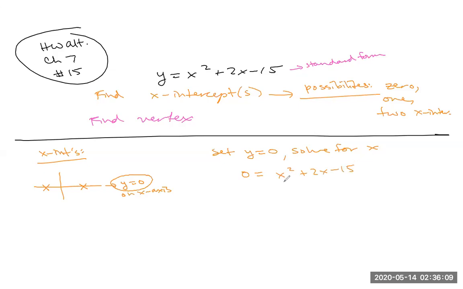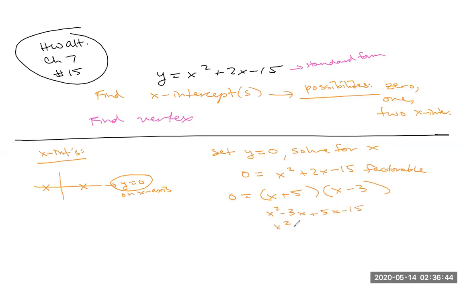You have choices here. You could use the AC method to make sure it's factorable, or trial and error. You can use the quadratic formula if you don't want to deal with all that. This actually is factorable. So you'll factor this down into (x + 5)(x - 3). Okay, a good check, FOIL it out: x squared minus 3x plus 5x minus 15.